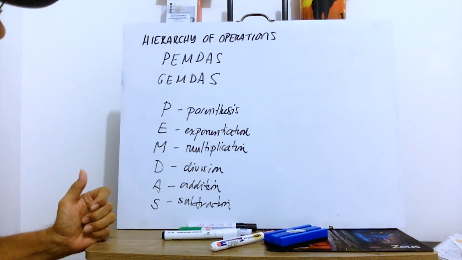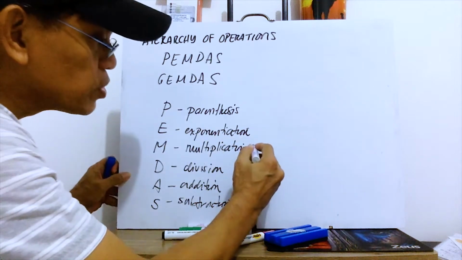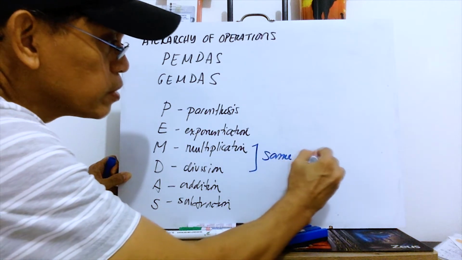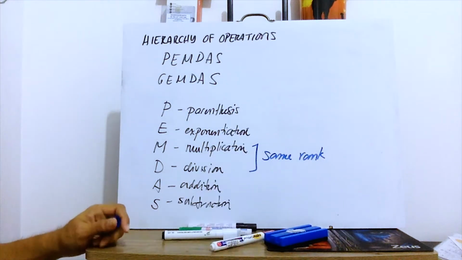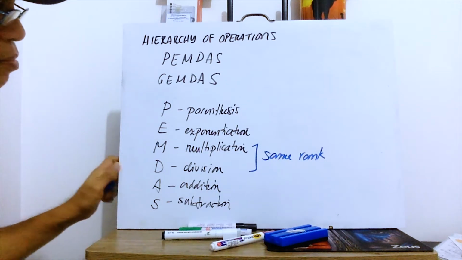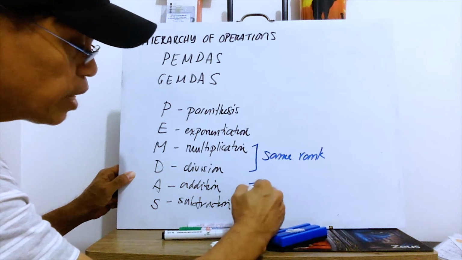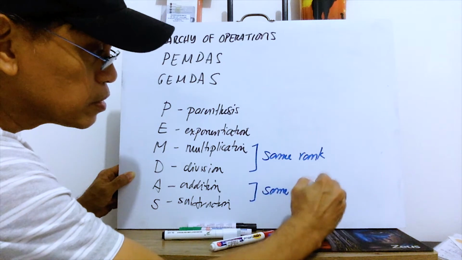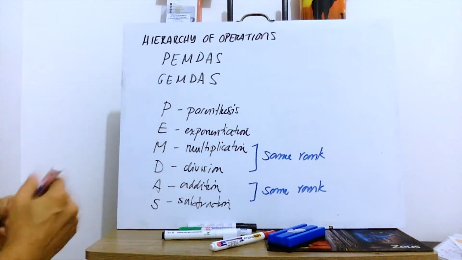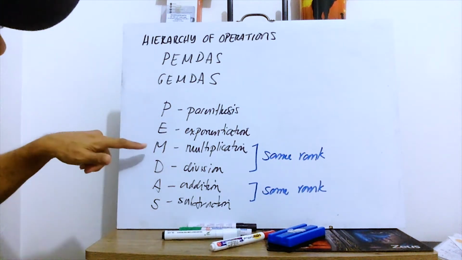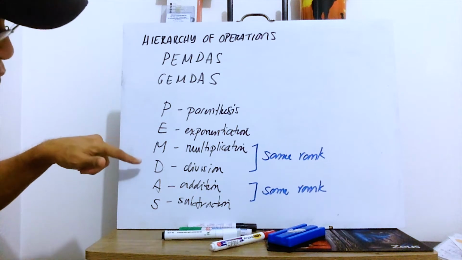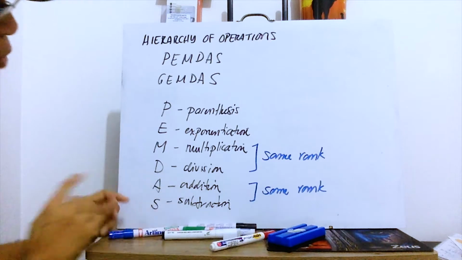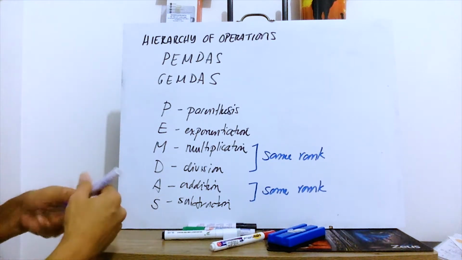Multiplication and division are of the same rank or hierarchy, as well as addition and subtraction. It doesn't really follow that multiplication should come first before division. So, the way we should write this should be like this.